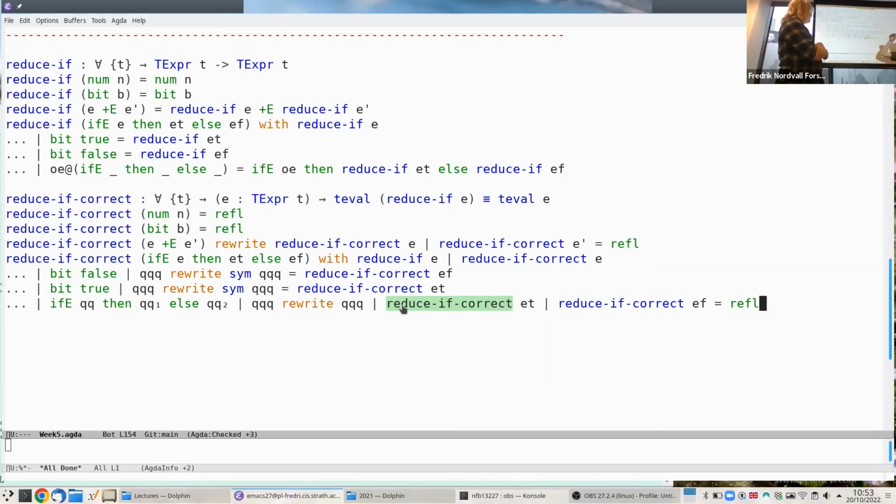And then once we want to deploy reduce if correct E, we've got something which mentions our reduce if E that only shows up as part of the problem after we've done the with. And that's too late. The with isn't going to abstract it from where it's showing up unless it's already present. So that's when we figure out we need to move it to where it's going to be hit by the with.